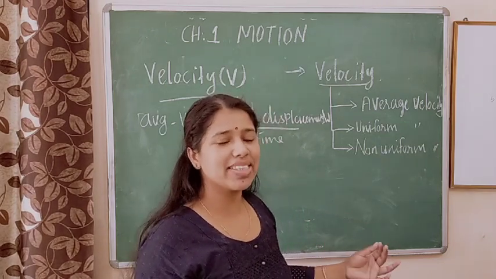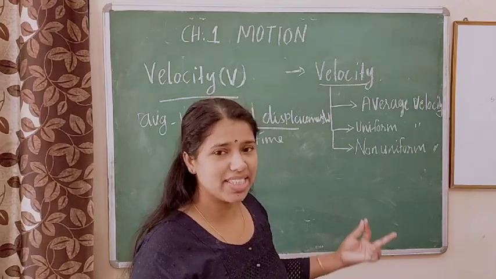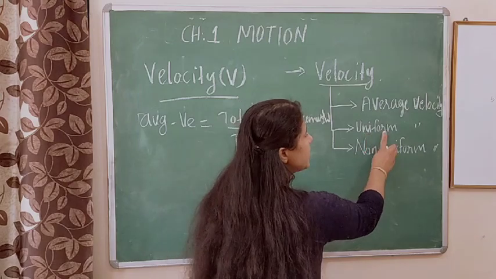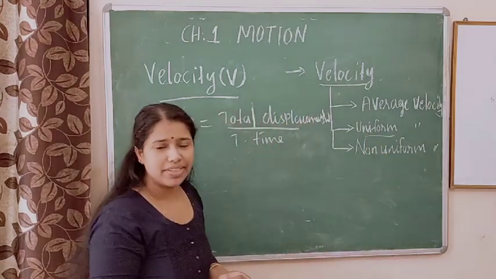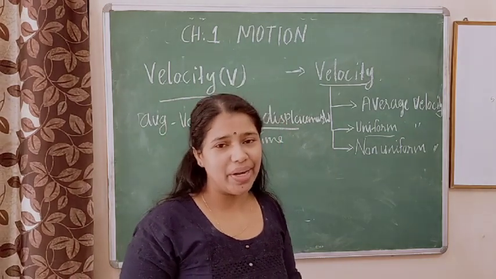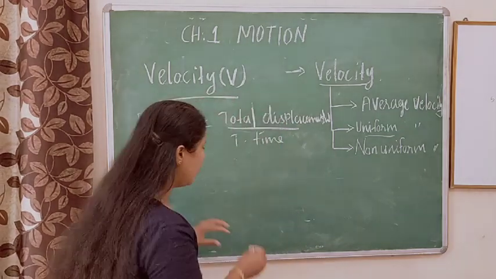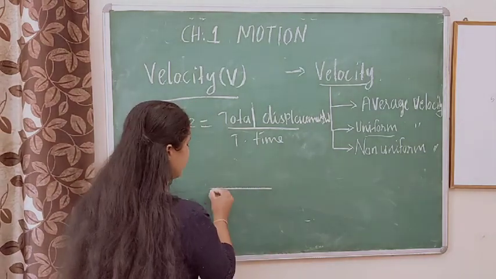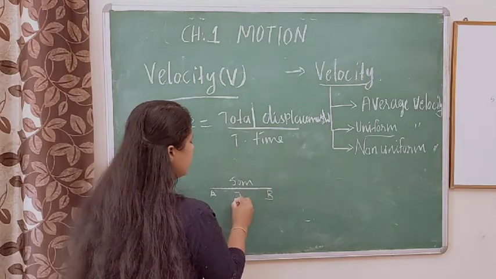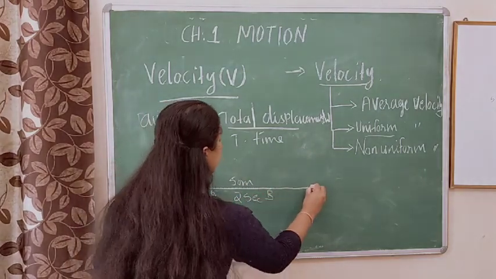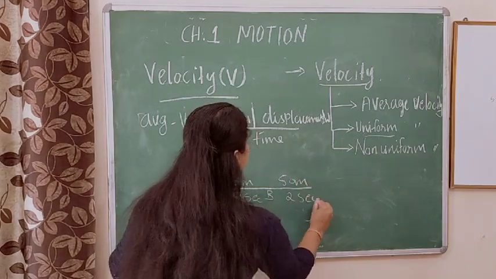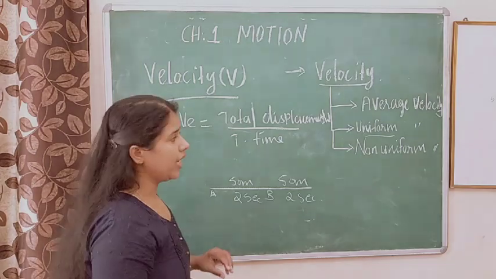Last class we already discussed the difference between distance and displacement. For example, displacement from A to B is 50 meter in 2 seconds. Again, this is 50 meter, then again 2 seconds.